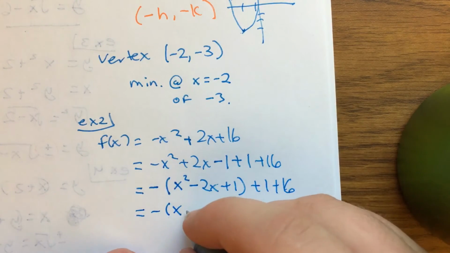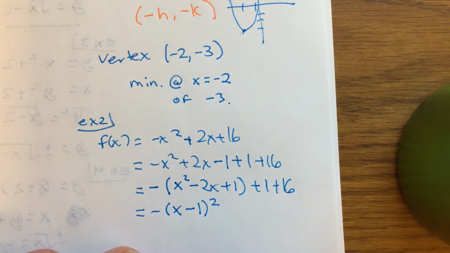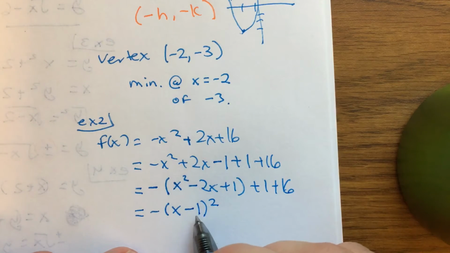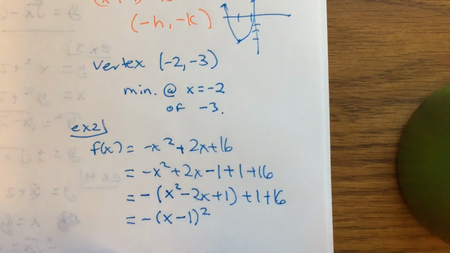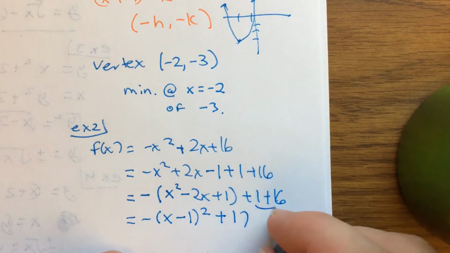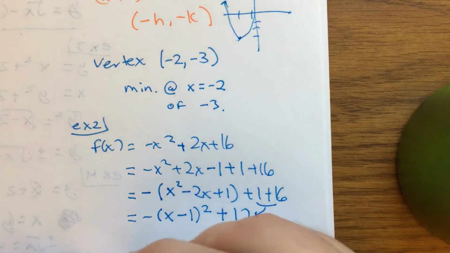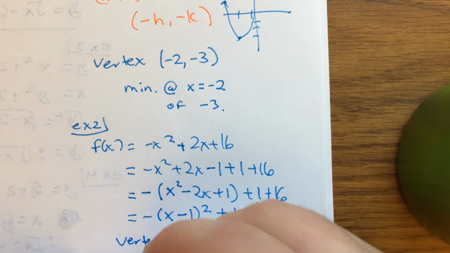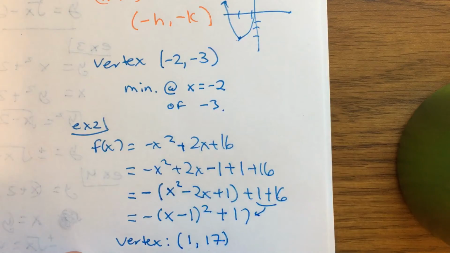But we know how to factor that. That's just x minus 1 squared. x times x is x squared, negative 1 times negative 1 is 1. Negative 1 times x is negative x, and that happens twice. Plus 17. So now we know that our vertex is at 1, 17.